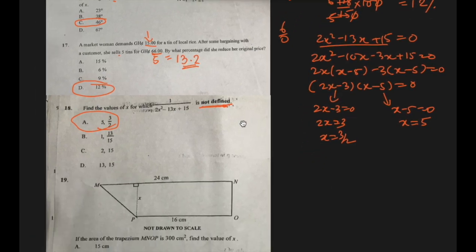Okay. Number 19. This looks like a trapezium to me. Yeah, it is a trapezium. If the area of MNOP is 300, find the value of x. So the area of a trapezium is half times first parallel line plus second parallel line, some people write a plus b, that is okay, times height, the distance between them.